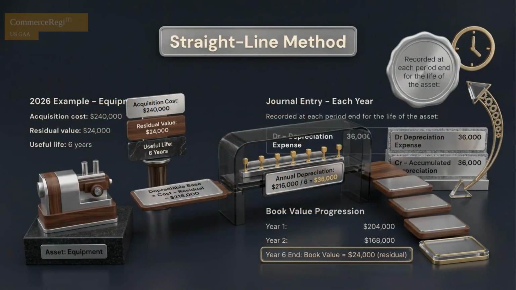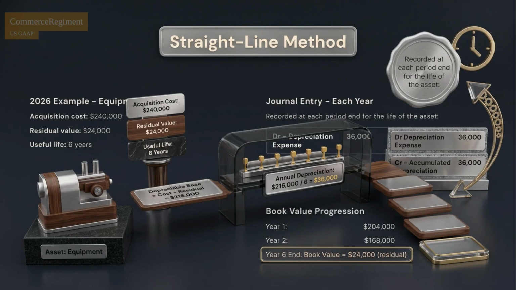The straight line method is simple and widely used because it gives equal depreciation expense each period. In the 2026 example, the equipment cost is $240,000, residual value is $24,000, and useful life is 6 years.